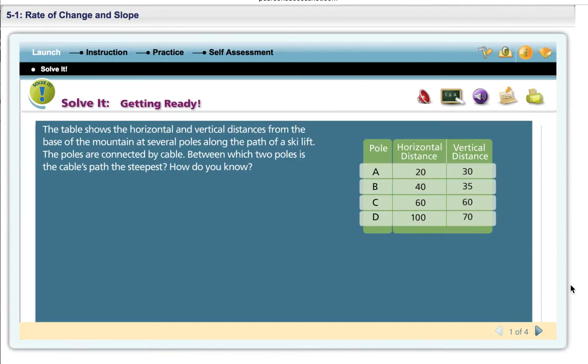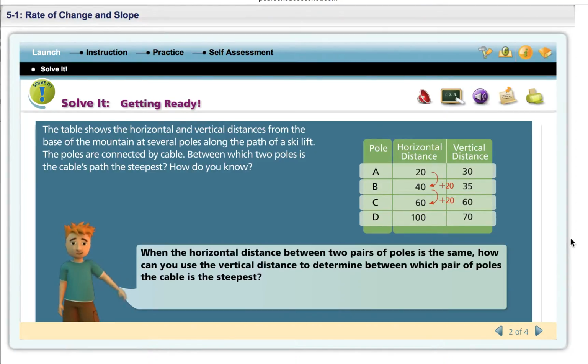We can see that the differences in the horizontal distance, if you're measuring across to each one, is 20 between the first two, 20 between the second two, and it goes up at 40 between the third and the fourth. But that's not really important right now, because we'll see in a second we can handle that.